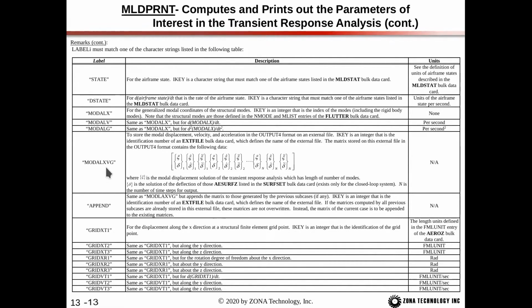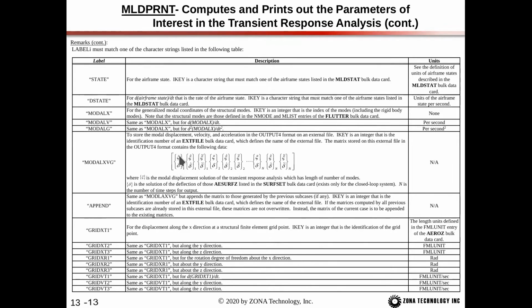And then modal XVG will output the modal displacement, velocity, acceleration in the output 4 format on an external file. So I_key is an integer that refers to an ext file bulk data card, which defines the name of that file. And the matrix stored on the file in the output4 format is shown here.